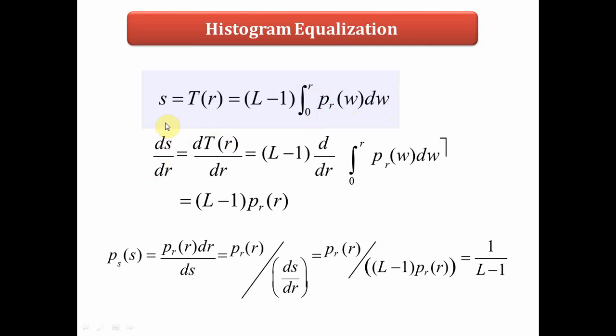Now I will differentiate this S with respect to R, that is d by dr of S, which is differentiating T of R with respect to R. So that will be L minus 1 times d by dr, taking differentiation on both sides, of the integral from 0 to R of P_R(W) dW. The differentiation of the integration of the density function just replaces the input value with W. So you get P_R(R).